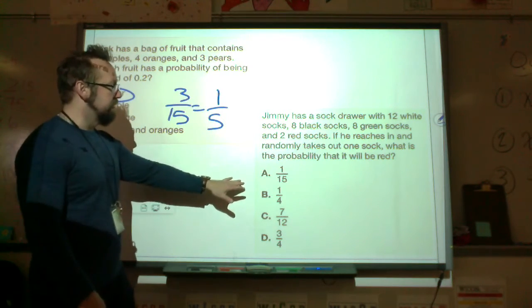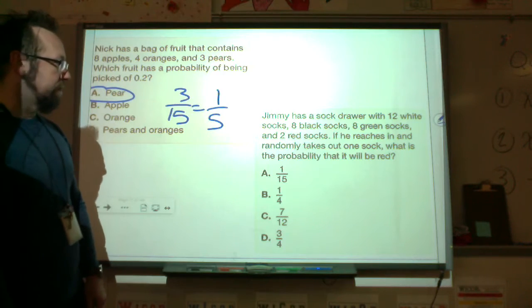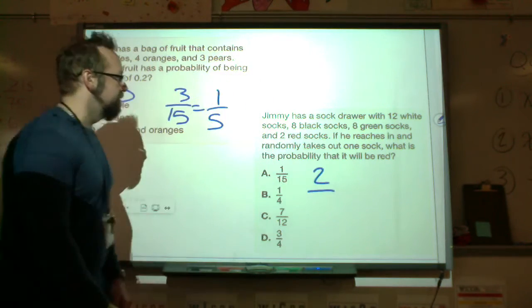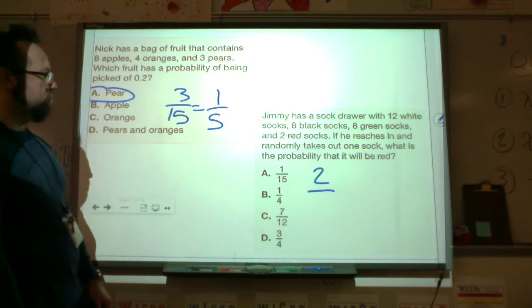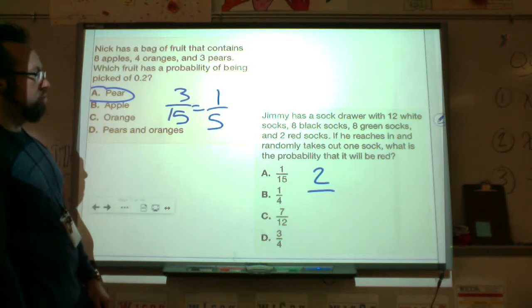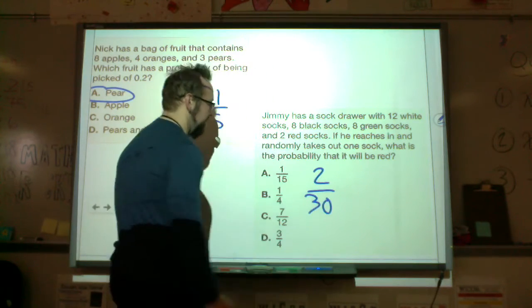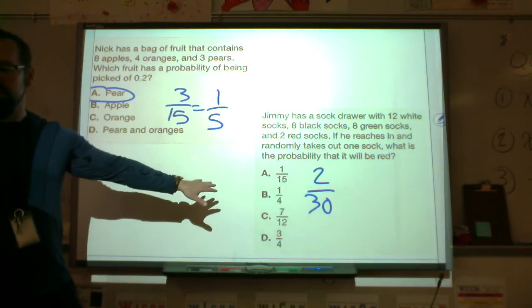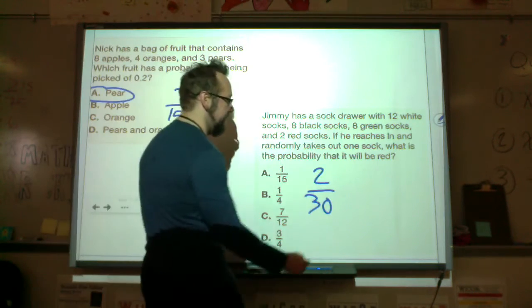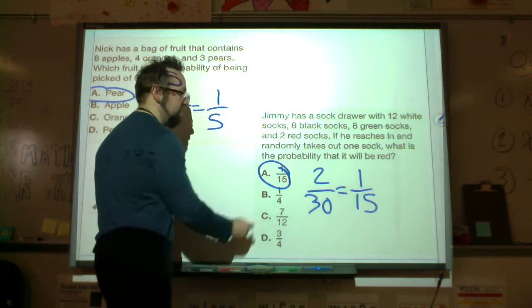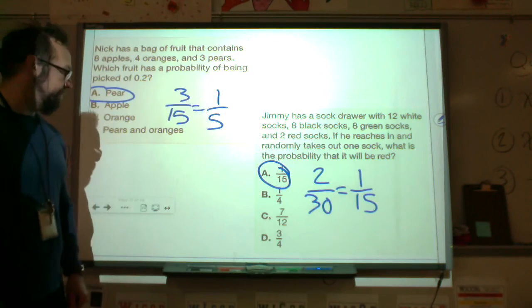And then for the sock one, the probability of getting a red sock would be 2 out of 30. If we look closely, we recognize there is no 2 over 30, but we have to reduce it to 1/15. The answer is A.